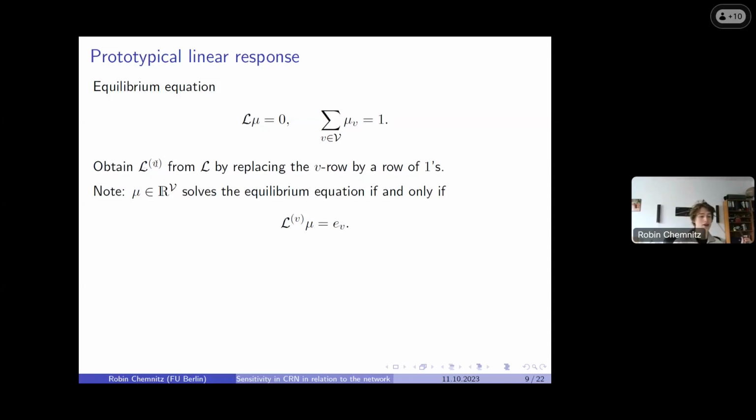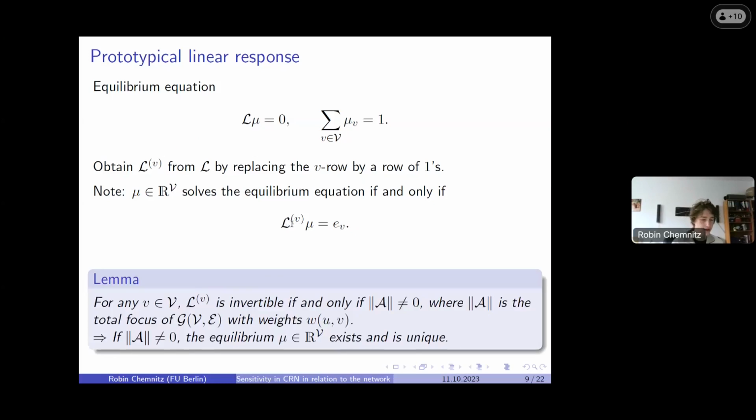So we can replace any row of this L by a row of ones, and then consider the linear equation where we multiply mu with this L with one row replaced by ones, and require that in that row we get a 1 and in all the rest we get 0. And this mu solves the equilibrium equation if and only if we solve this matrix equation now. And this is a square matrix.